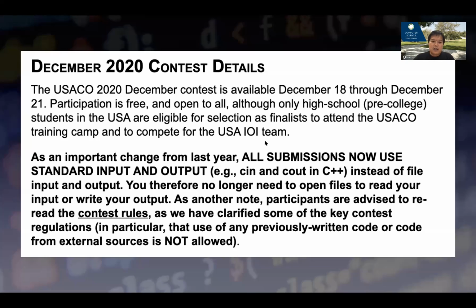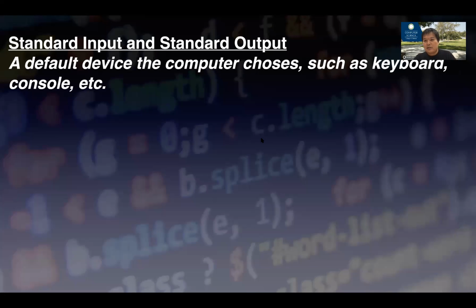I don't really find any kind of standard definition for this, but it's basically the default device the computer will use for input and output. Now, keep in mind that it doesn't always mean the keyboard and console. They can redirect input and output to some other sources. This is a little bit more advanced. I just want to mention that later I will show an example.